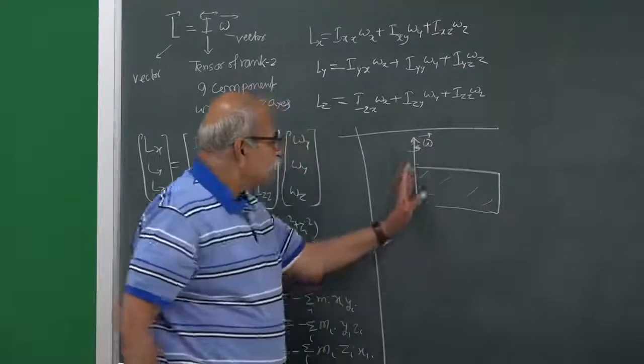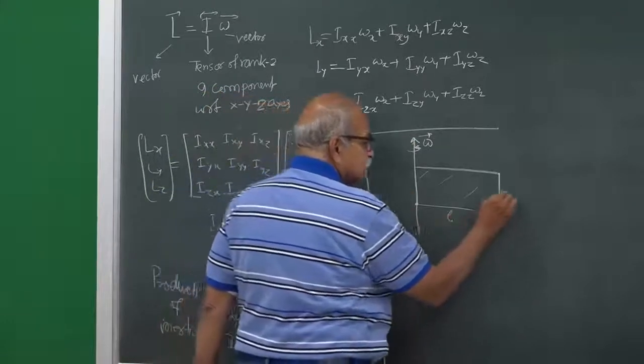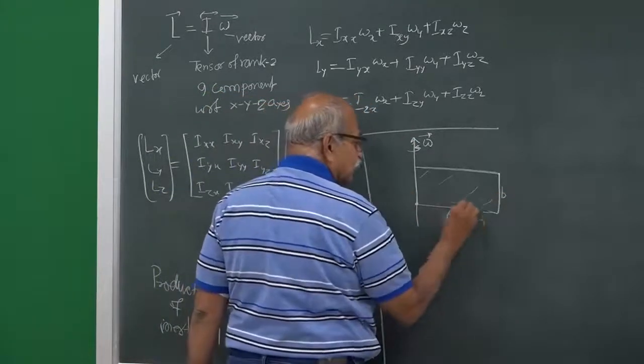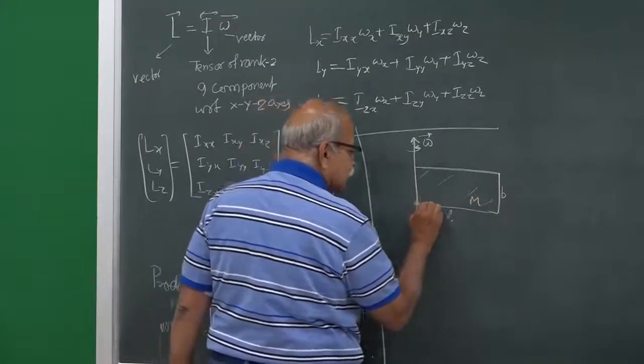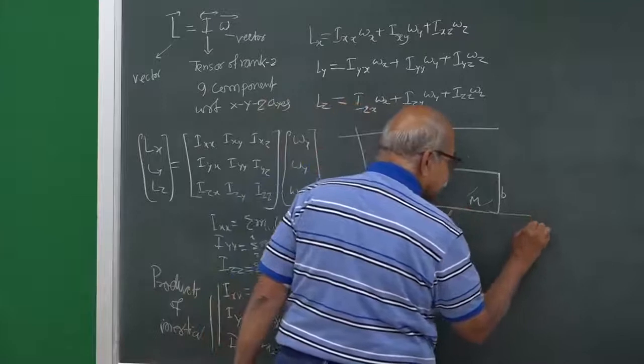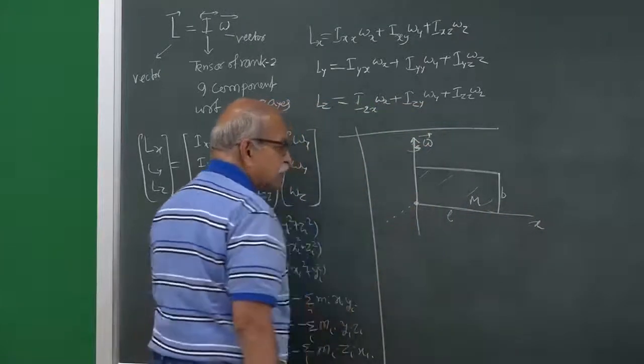So, this whole thing is rotating about this line, and length is L here, width is B, the total mass of this is capital M, and here is the origin, and I take this as the x axis, this as the y axis, and then the z axis is perpendicular to the plane.